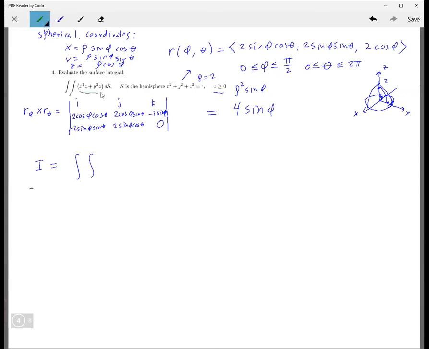So there's this part right here, and you can split it up into x squared plus y squared times z dS. Okay, now let's go ahead and change everything into spherical coordinates.